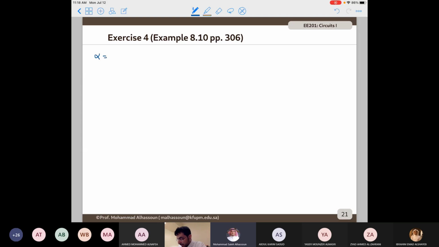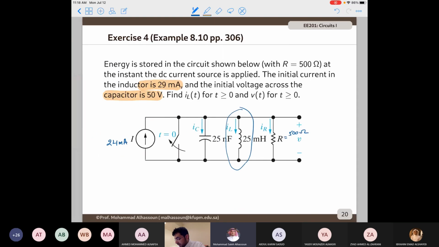So we find alpha, which is 1 over 2RC. R is 500, C is 25 nano.